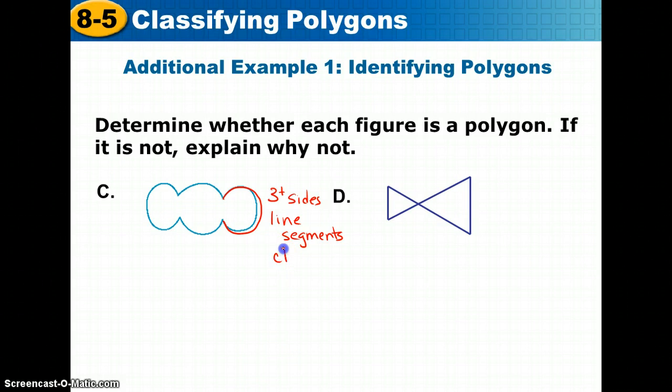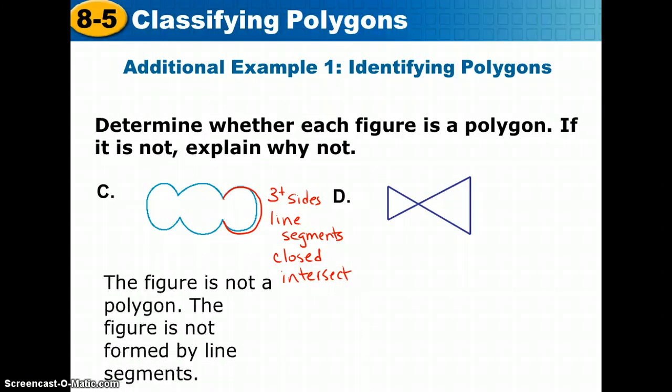Of course, it has to be closed, and nothing can intersect. So, is this a polygon? No, it is not, because it is not formed by line segments. These are curved. They are not line segments.